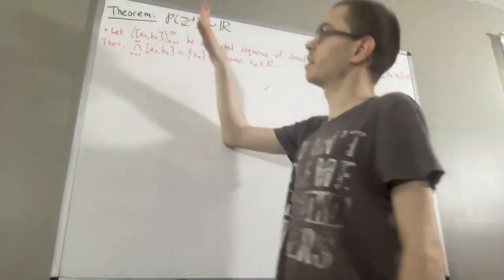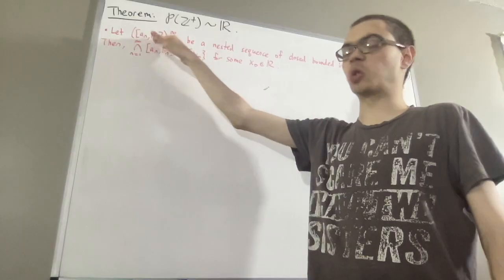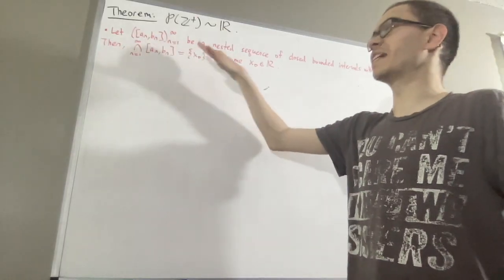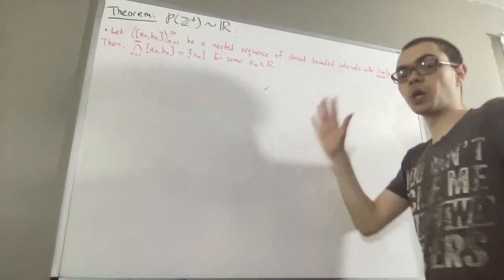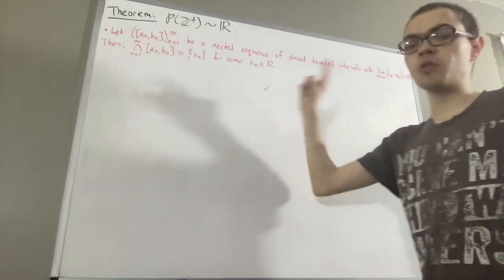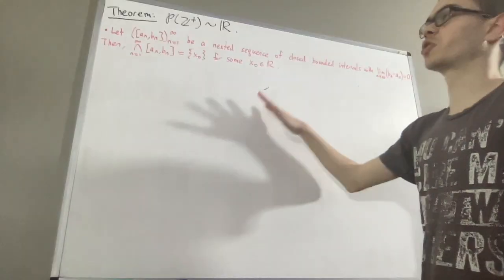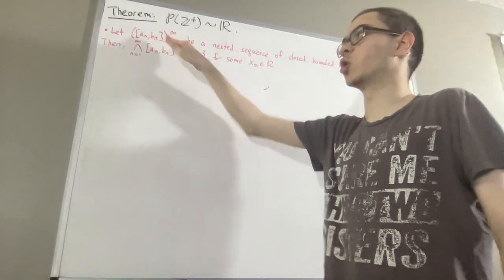Then the intersection of all of these closed intervals is a singleton set, right? It consists of exactly one real number. So in other words, there is exactly one real number which belongs to every single one of these closed bounded intervals.